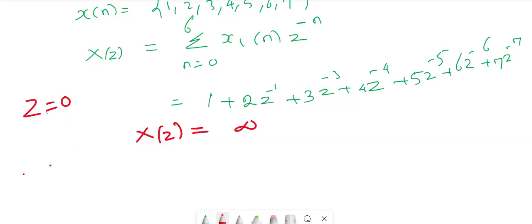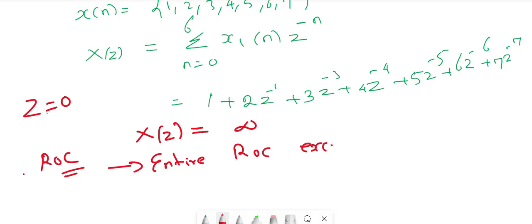So what is the ROC you can define for this X(z)? The ROC will be the entire z plane except at z equal to 0.